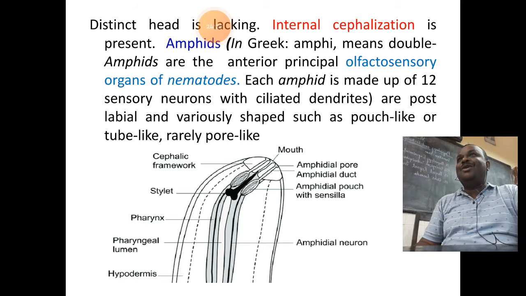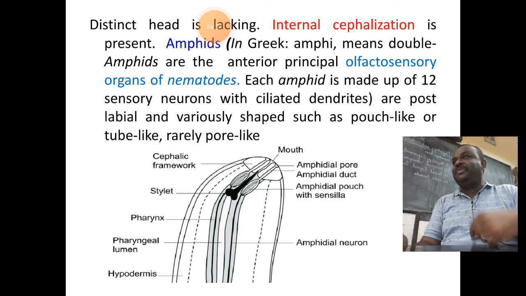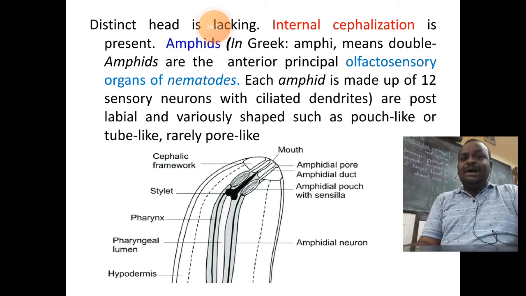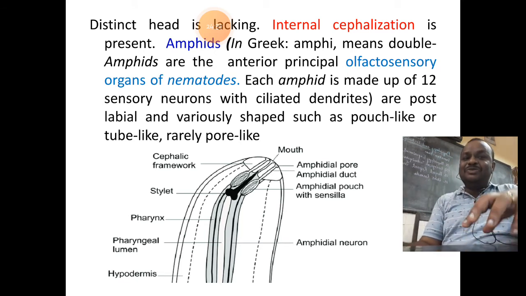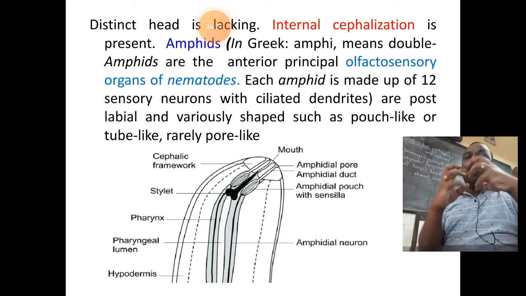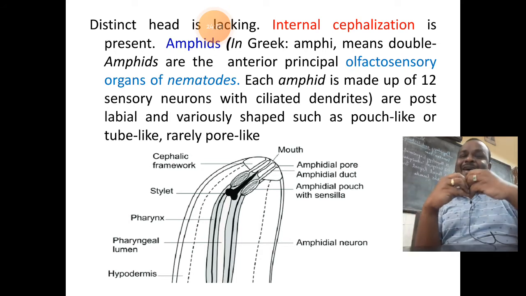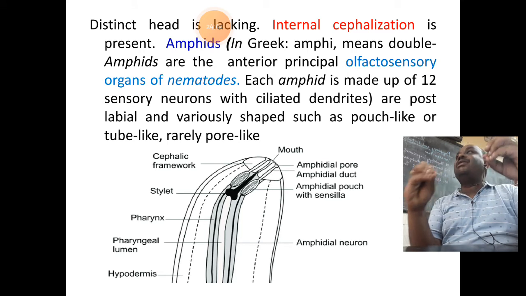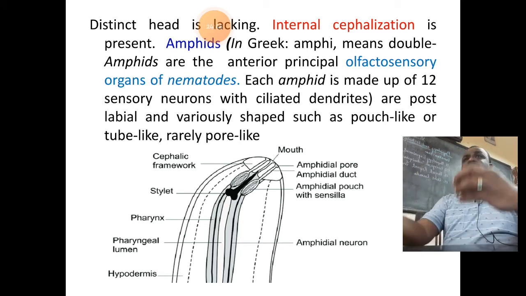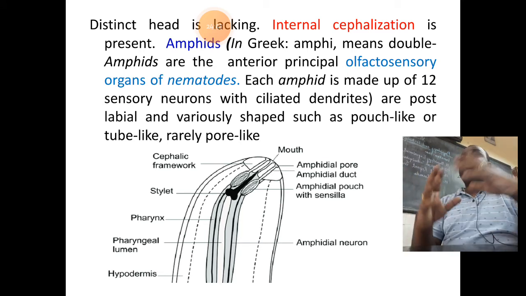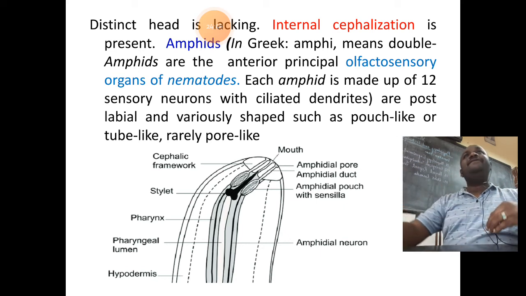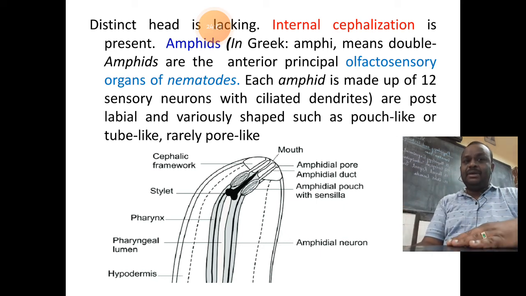Easy to remember the concept: A for A, amphids for anterior. The term amphi means double. These organisms will show anterior olfactory and sensory organs in the organisms. So if they are present towards the anterior side, we call them amphids.